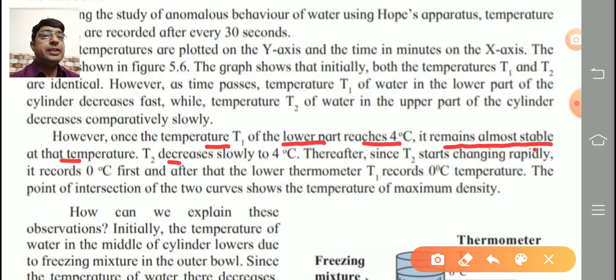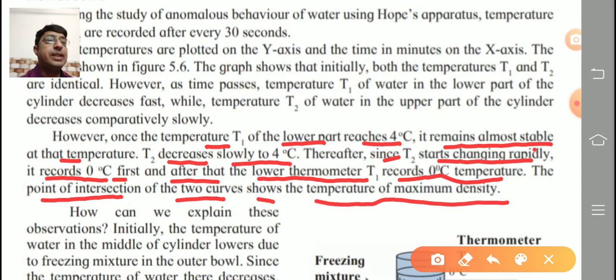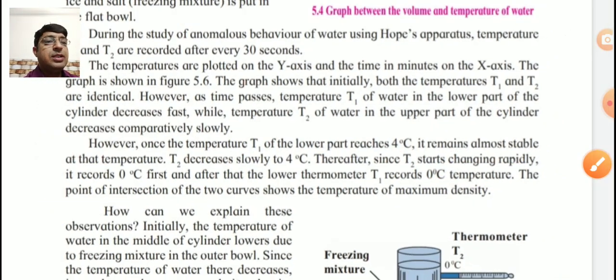Then T2 decreases slowly to 4 degrees Celsius. Thereafter, T2 changes rapidly and reaches 0 degrees Celsius first, and after that the lower thermometer T1 records 0 degrees Celsius. The point of intersection of the two curves shows the temperature of maximum density. See this intersection in the graph.